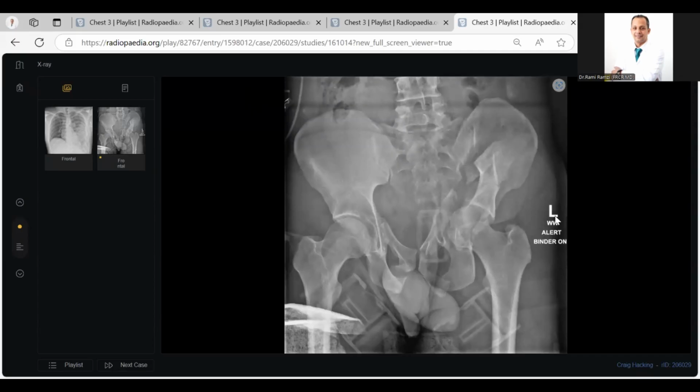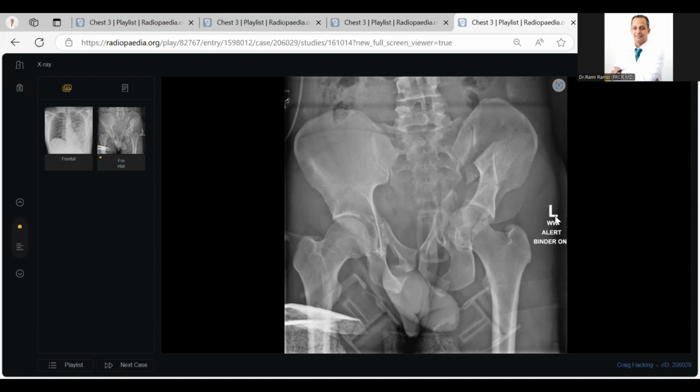If I show you this also, this is the pelvis of the same patient. Okay, so this is a frontal view pelvis X-ray, including the proximal femora as well, of the same patient with trauma.